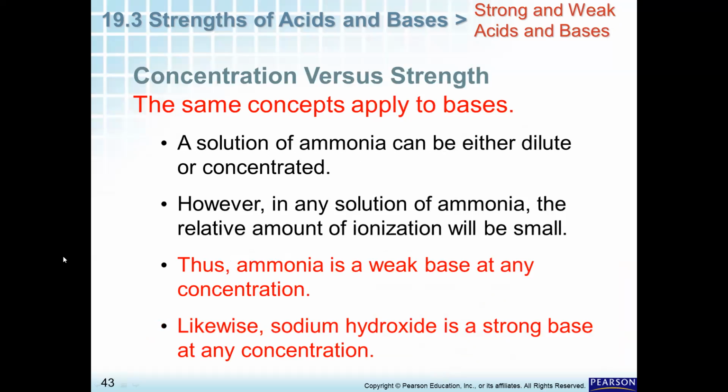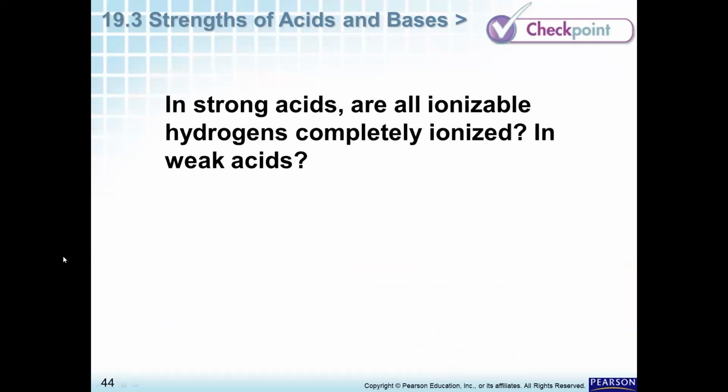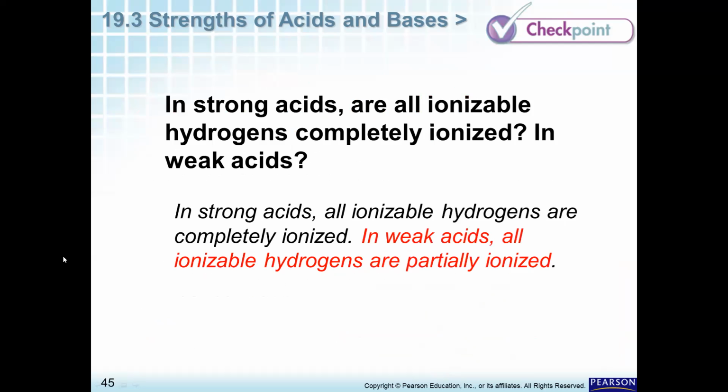The same concept of weak, strong and concentrated applies to bases. In a strong acid, all ionizable hydrogens are completely ionized, and in a weak acid, they are partially ionized.